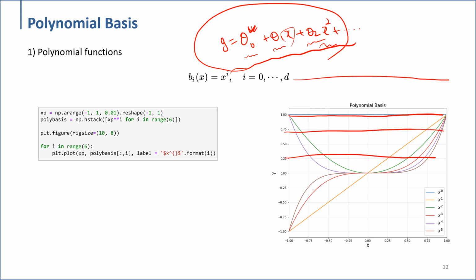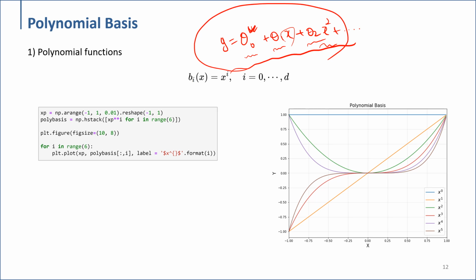If you change the value of theta 1, then the slope of y equals theta 1 x will change, so it will be more sharpened. If the coefficient is negative, then you will have a negative slope.